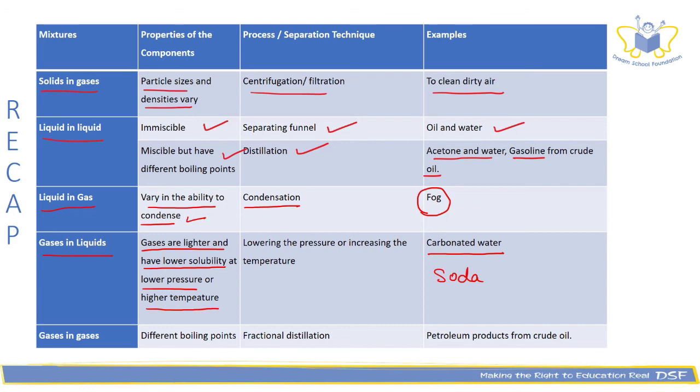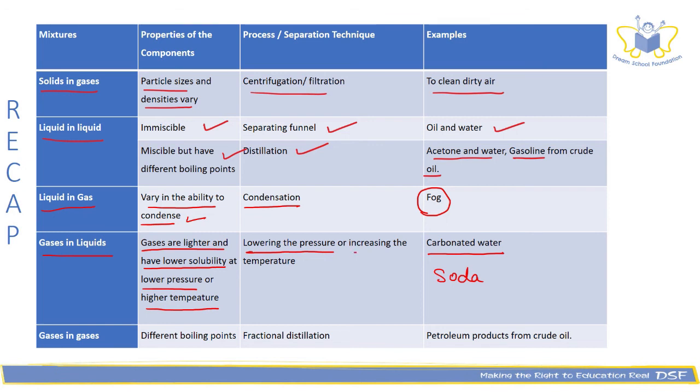So that is the reason the minute you open the cap of a soda or a soft drink, you can see a fizz wherein the carbon dioxide is trying to come out. That is because you are lowering the pressure when you open the bottle cap. So that is one mechanism by which you can separate gas from a liquid, by lowering the pressure.